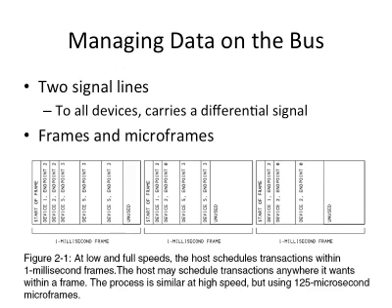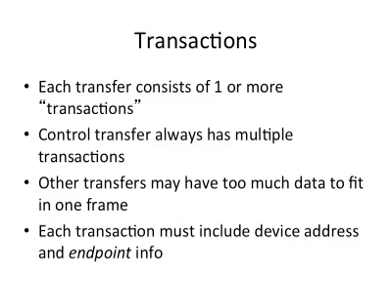At low and full speed, the host will schedule transactions within 1 millisecond frames. At higher speed, this frame is going to be shorter. It'll be 125 microsecond frames at high speed. We said that each frame consists of 1 or more transactions.